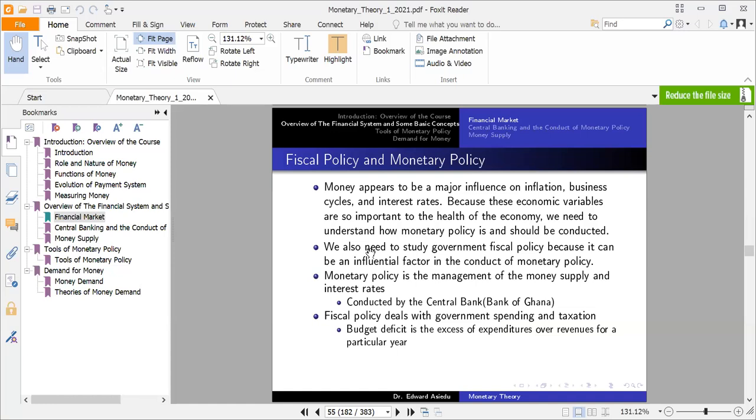As we said last week, money appears to be a major influence on inflation. Okay. So some people say print more money, but if you print more money, it can lead to higher inflation. Higher inflation meaning that the cost of goods and services are much higher. Okay, think of the strikes that are going on.